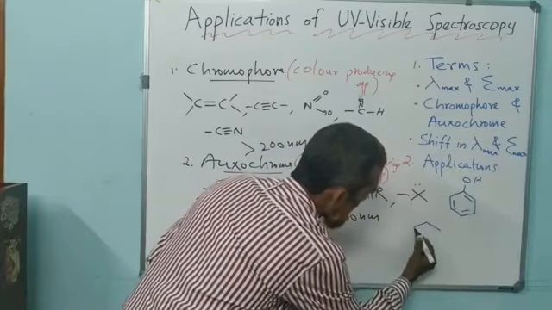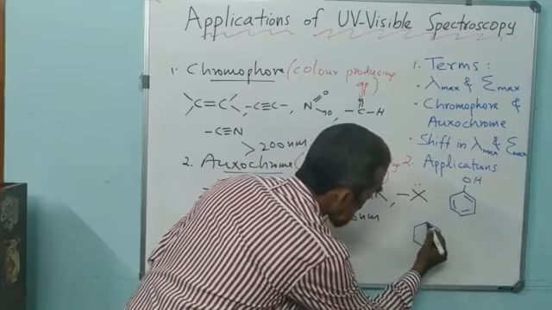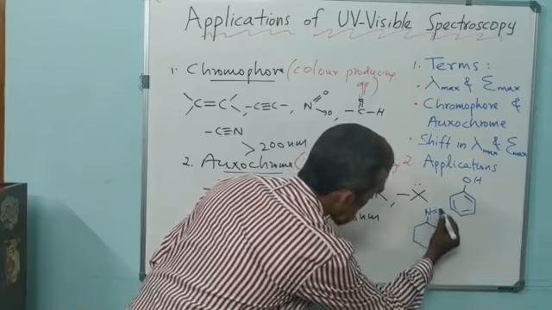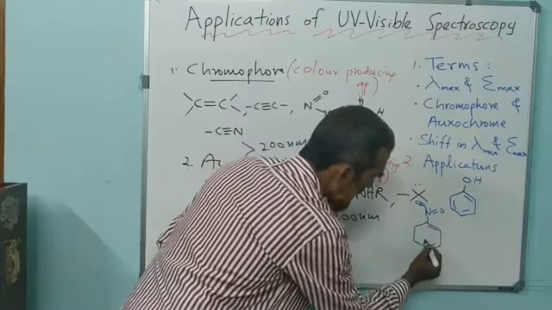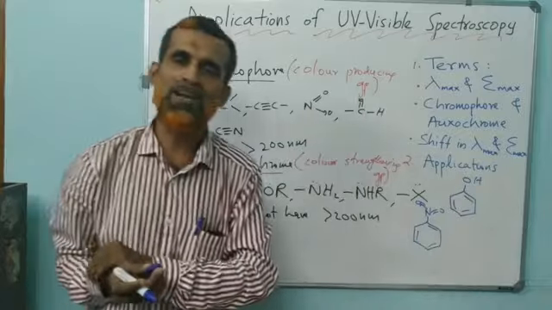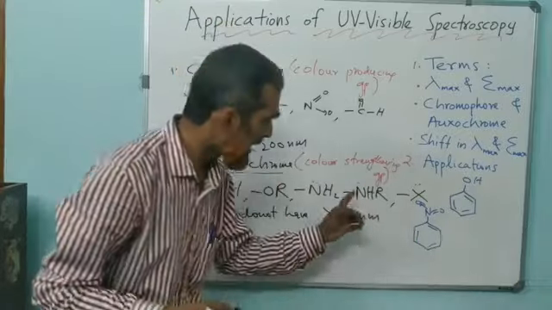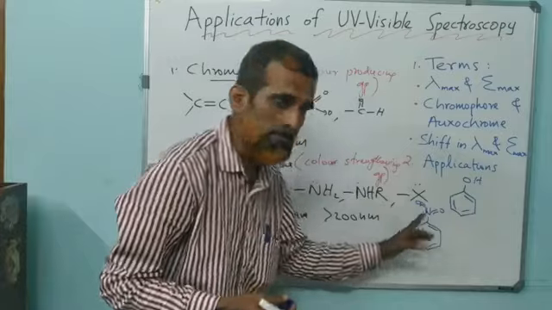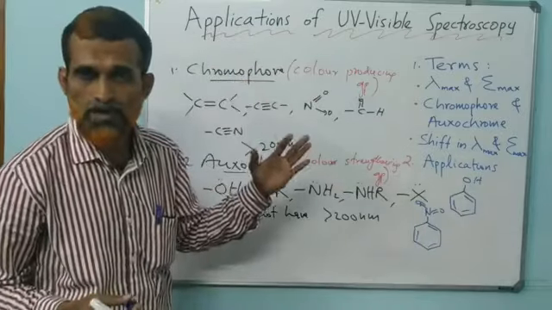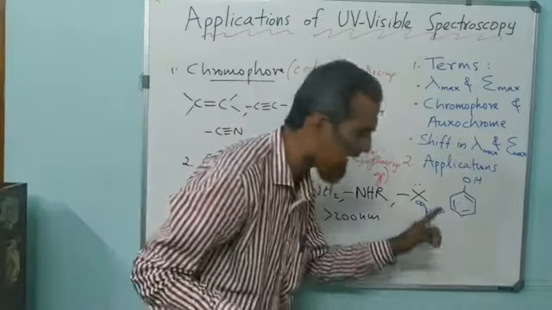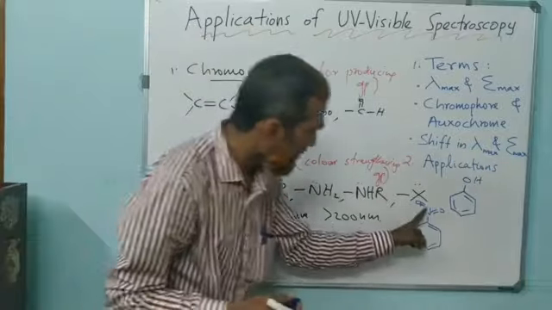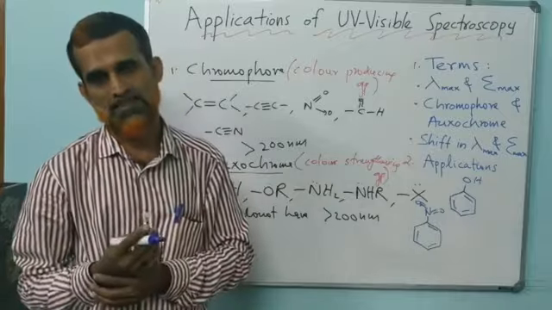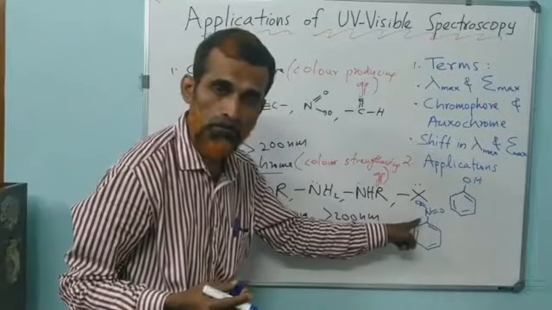But if we change OH by NO2, that is nitro group, what is this compound? Nitrobenzene, isn't it? Nitrobenzene is having slight yellow color. What's the difference? Here it is nitro group, which is having characteristic absorption above 200. Of course, this benzene ring has its own UV visible absorption, but presence of NO2 makes it colored. So it's a color producing group.